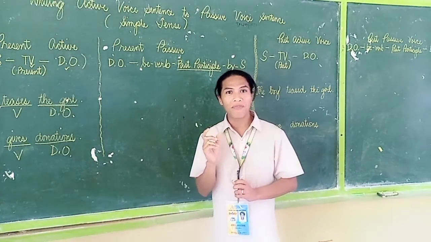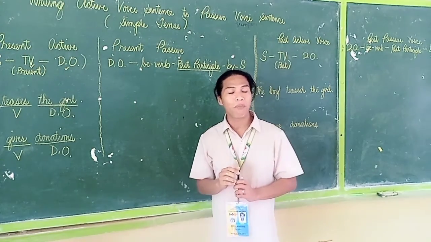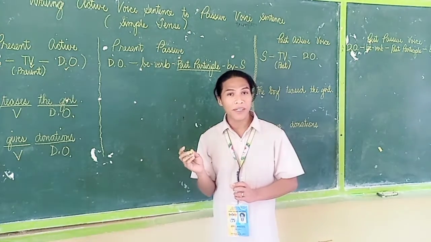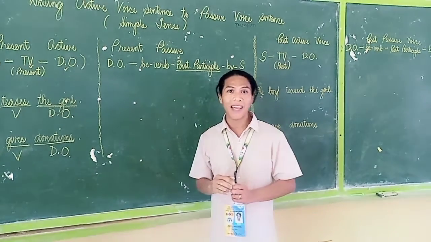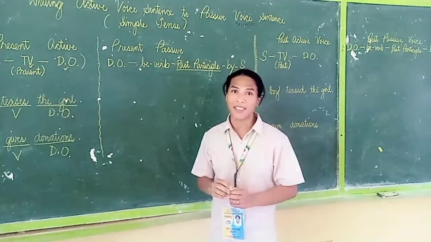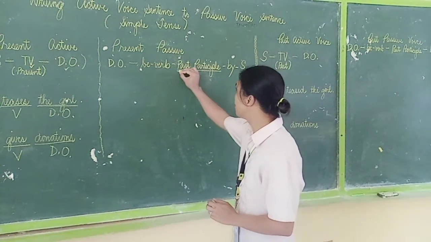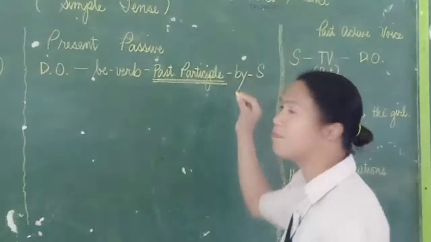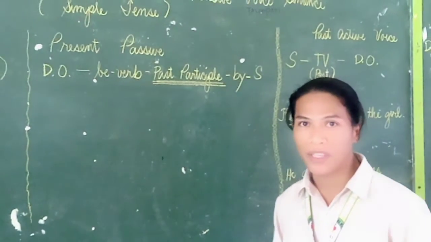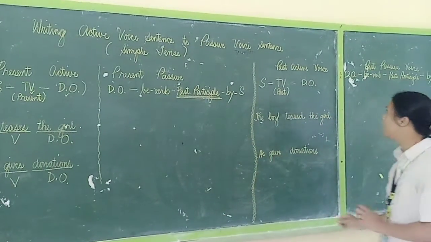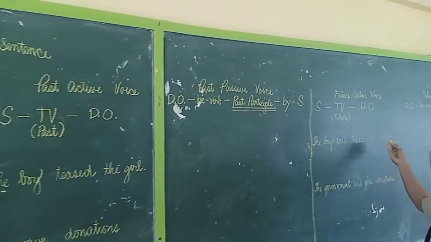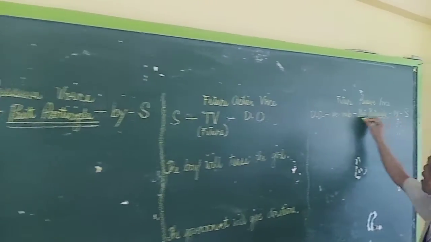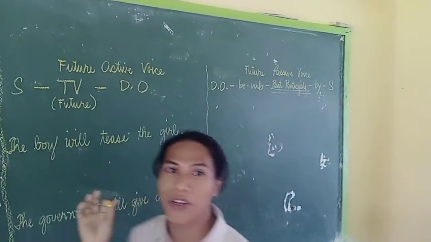If you know the past participle form of the verb, either regular or irregular, there is no difficulty on writing active voice sentence to passive voice. So again, you have to master the past participle of the verb because all throughout you will be using it.